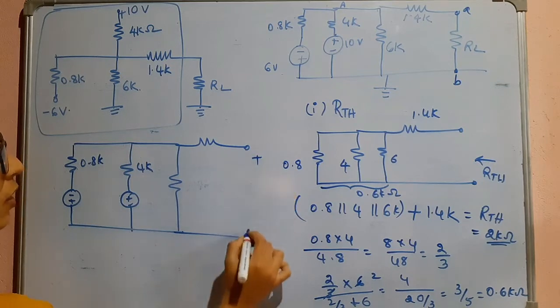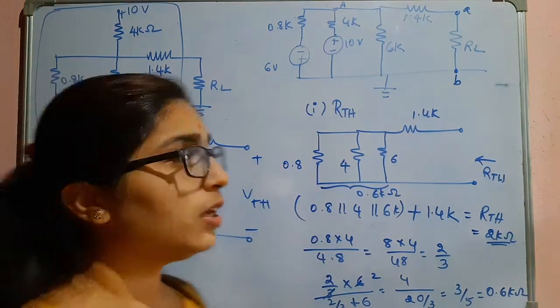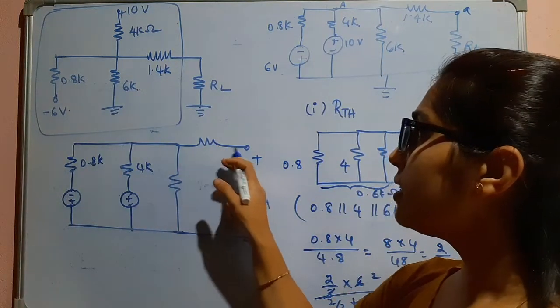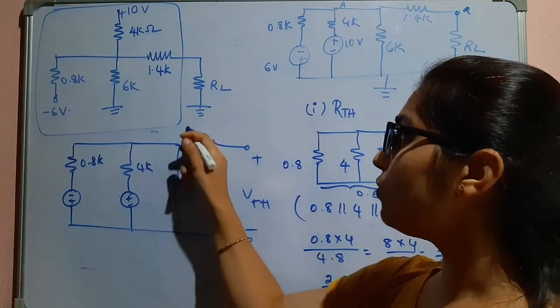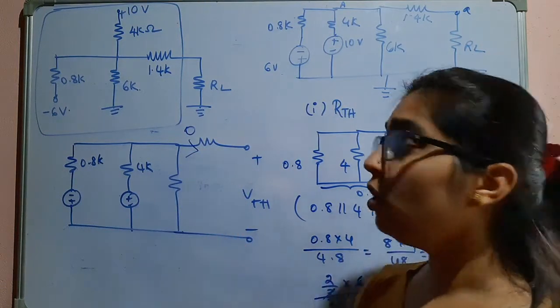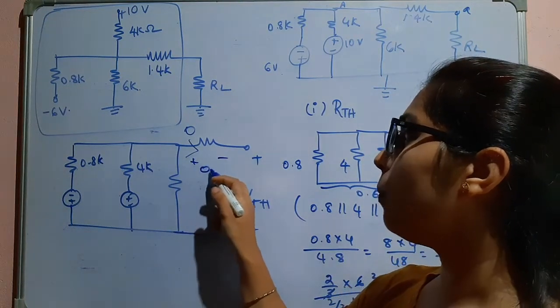This is my open circuit voltage or the Thevenin's voltage. Remember, this particular part is open. That means the current flowing through this resistor is 0. Since the current flowing is 0, the voltage drop also is 0.